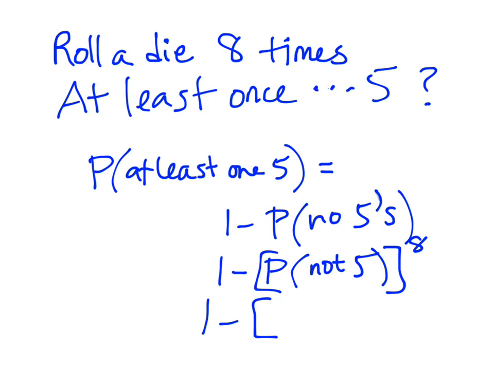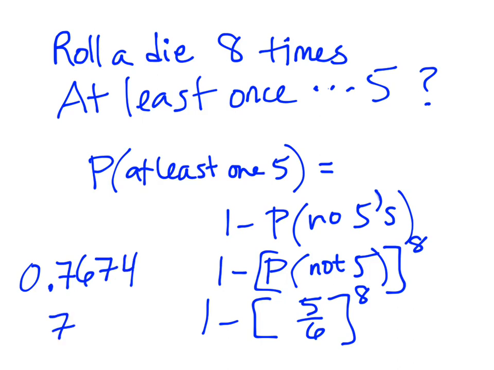There are 6 total outcomes, and 5 of them are not a 5, so that would be a 5 out of 6 chance, and then that to the 8th power. You can use a calculator to find this. This is about 0.7674, or we could say about a 76.7% chance.